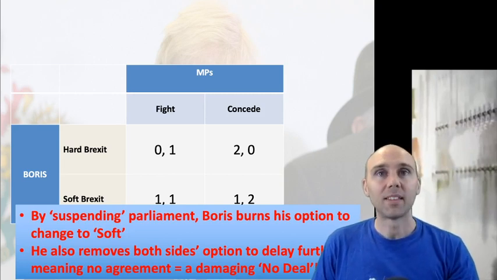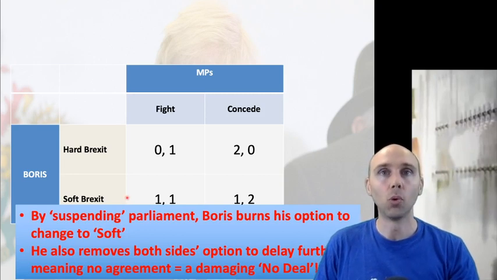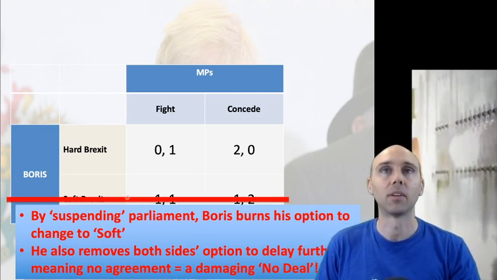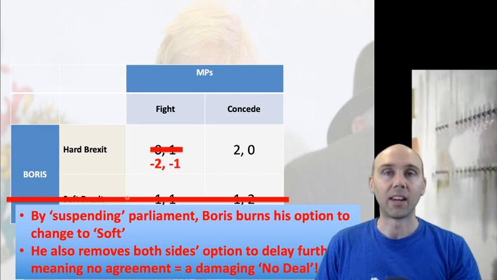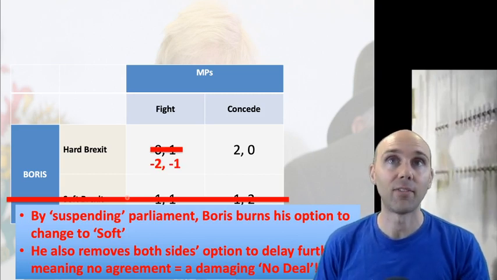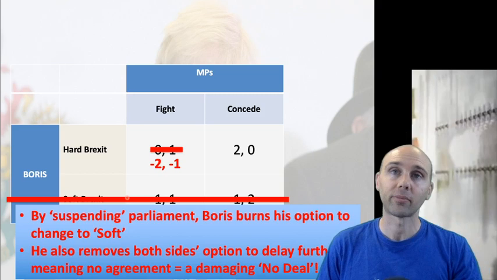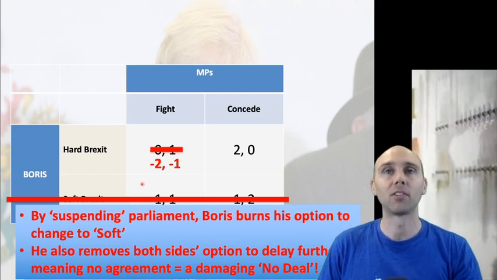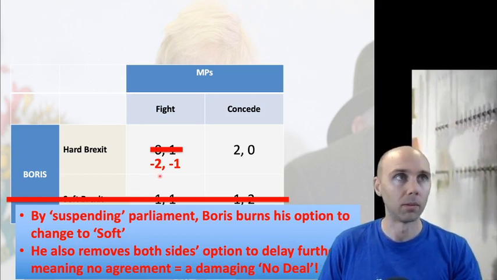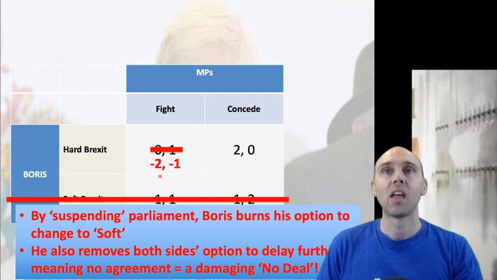So one way we can see this in terms of the payoffs is to actually rule out that soft Brexit argument and say, if the MPs fight hard Brexit, the payoffs get much worse for both sides. We end up with a no deal scenario, which means, for example, negative payoffs for both sides. Even if they're worse for Boris, being the leader of a country going into no deal would be political suicide.